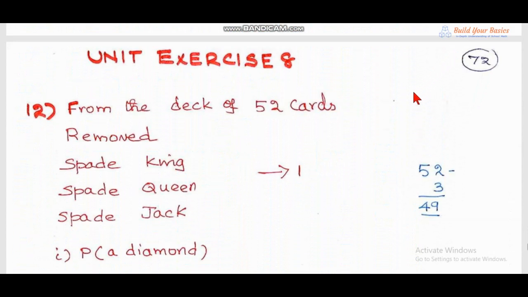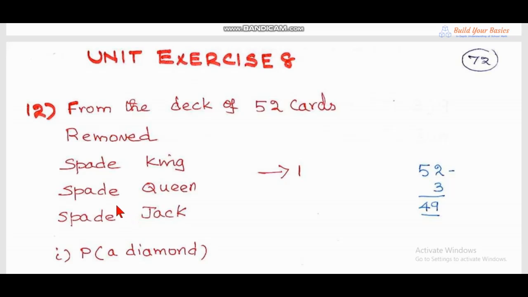Unit exercise 8. Question number 12. The king, queen and jack of the suit spade are removed from a deck of 52 cards. So king of spade, queen of spade and jack of spade are removed.